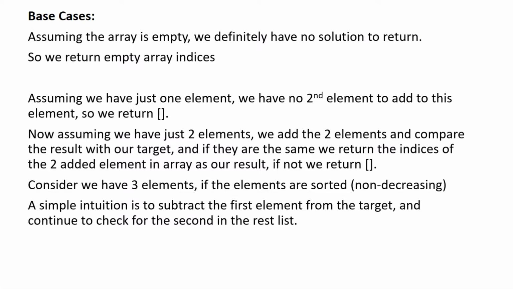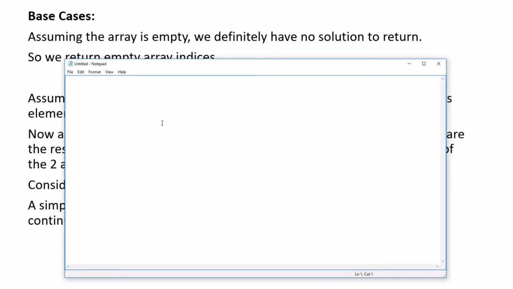If you have elements like 2, 7, 9, and your target is say 11, you may want to pick the first element, which is 2, and subtract 2 from 11, which gives you 9, and you can start looking in this place for the 9.